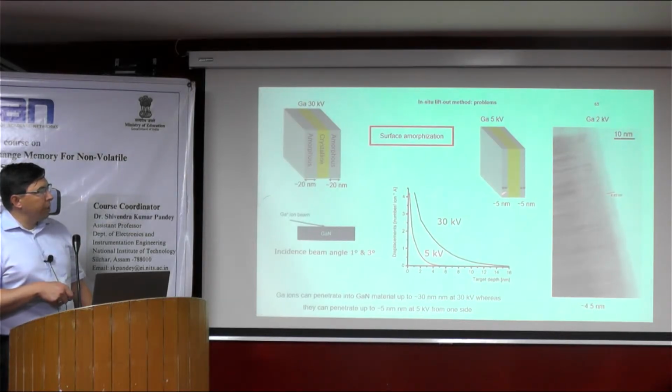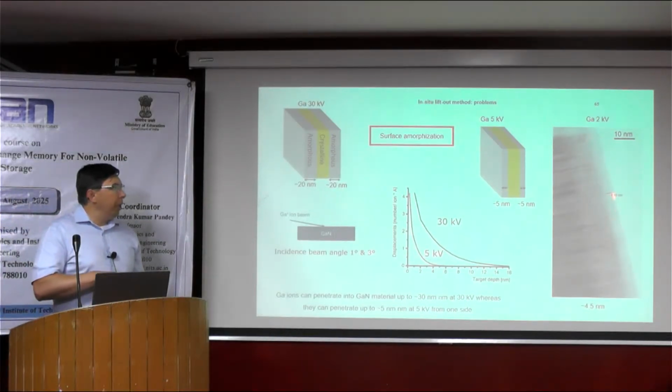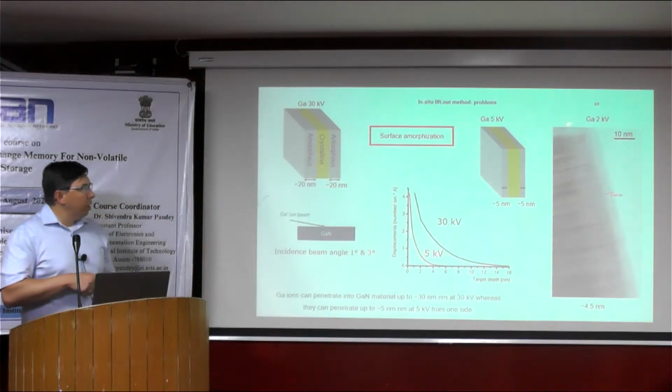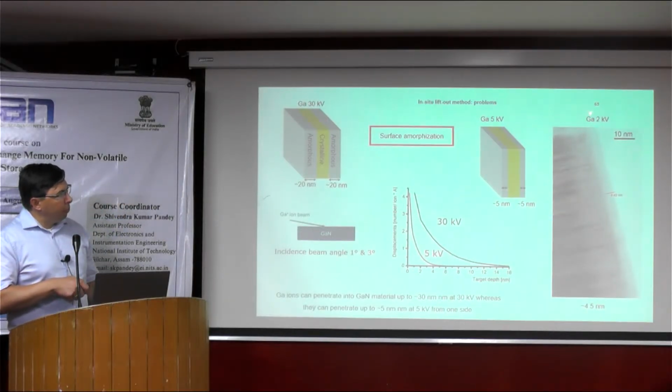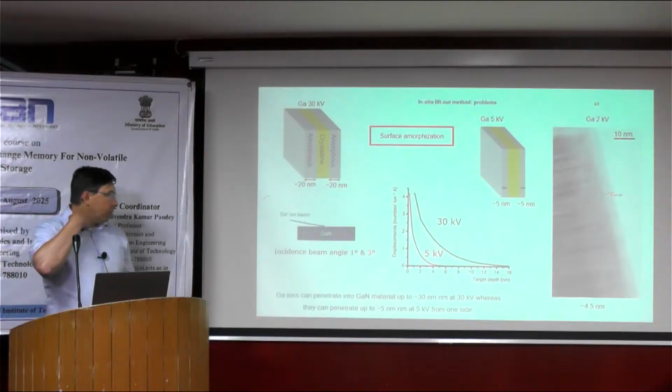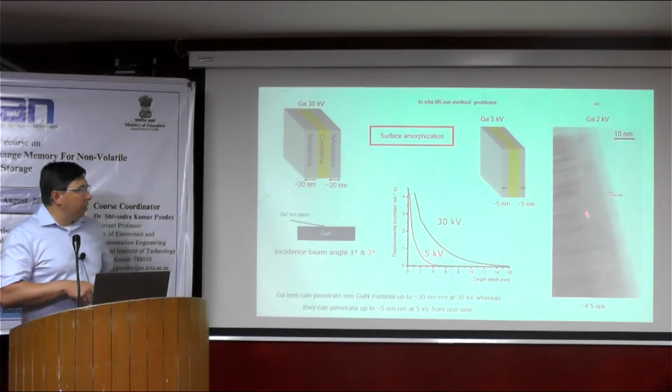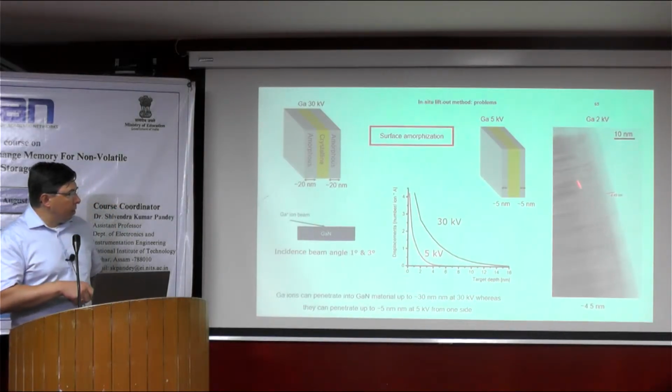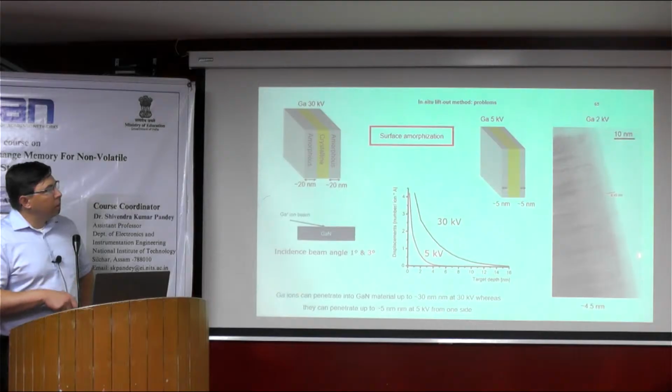On the other side, using a gallium beam with 2 kilo electron volts, we can confirm that this layer is on average 5 nanometers, although the energy was less than 5 kilo electron volts. So there are some disturbances in the simulation, but you see this problem still exists on your sample.